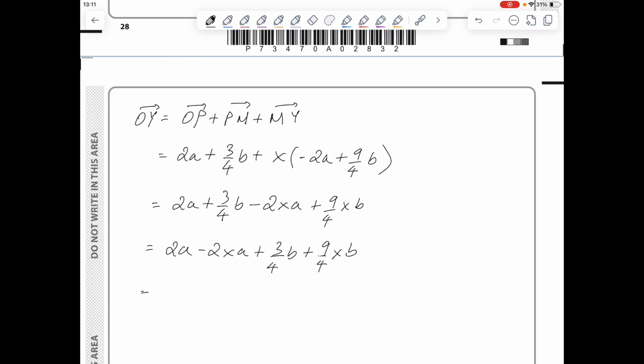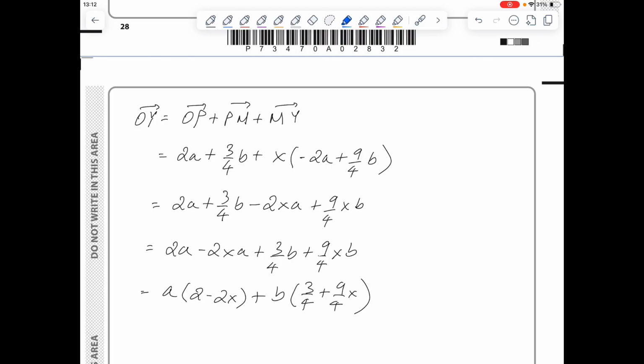So this gives me a(2 minus 2x) plus b(3/4 plus 9/4 x). So what I've managed now is to have two expressions for OY, and because OY is essentially the same thing, has the same starting and same end point, then the coefficients of a and b must be equal.